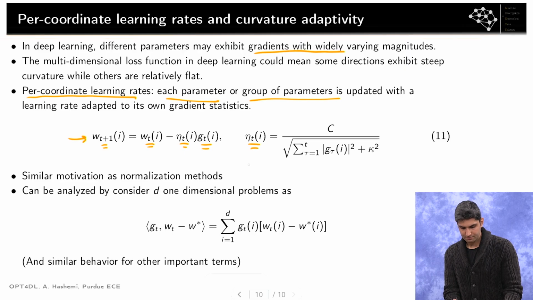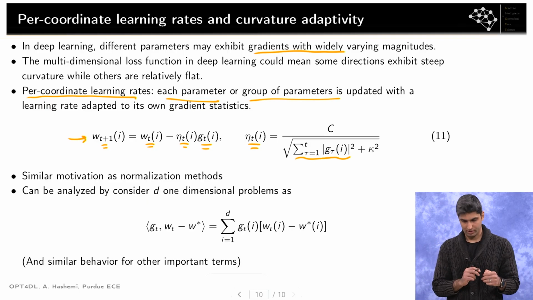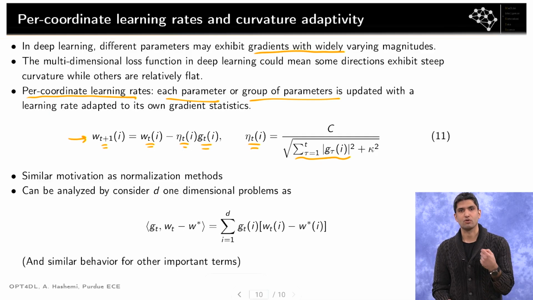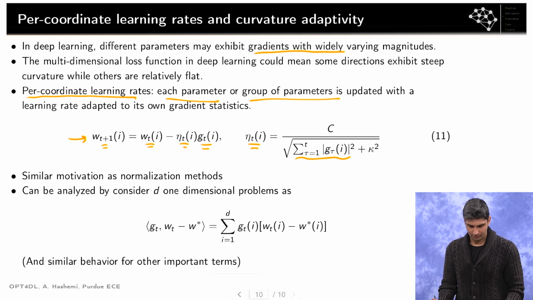And the learning rate takes the form of our adaptive learning rate we talked about before, except that we use this idea for each coordinate separately, such that we are estimating the variance of each coordinate separately. So this is basically the accumulated variance for coordinate i. But nonetheless, it is almost identical to what we had before.